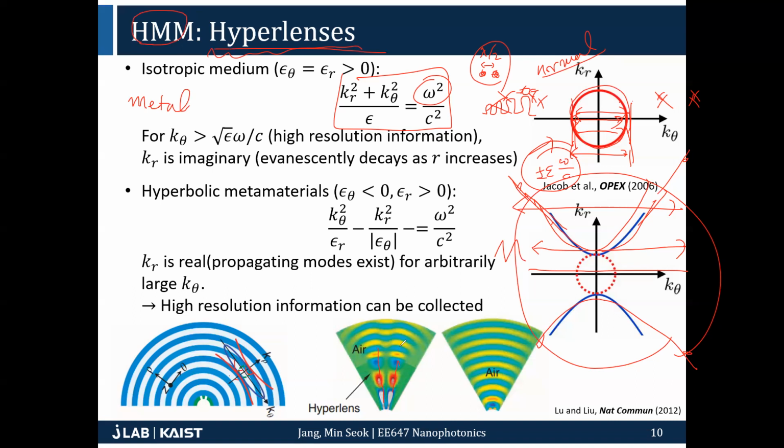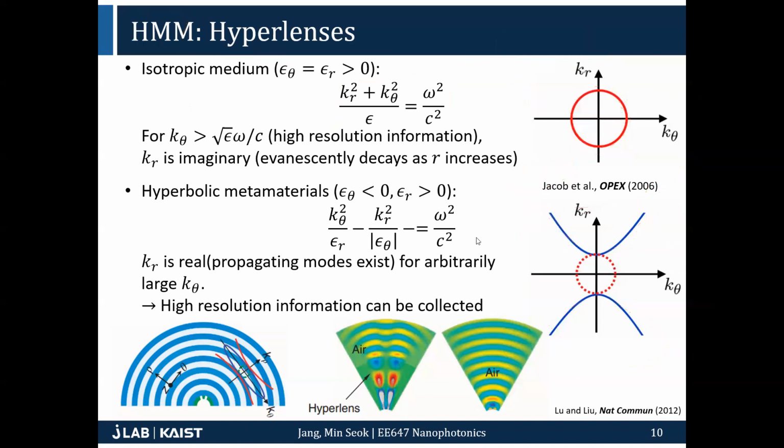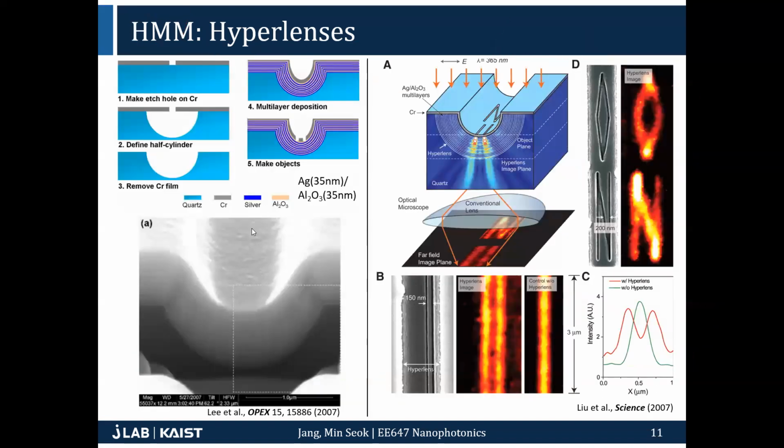So its actual application is kind of limited. But anyway, this is the principle. If you have hyperbolic metamaterials, you can create a hyperlens that can break the diffraction limit. So that's the implication of hyperbolic metamaterials. You can actually look at the experimental demonstrations.